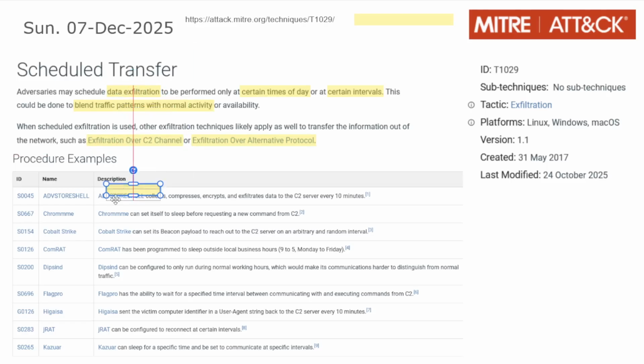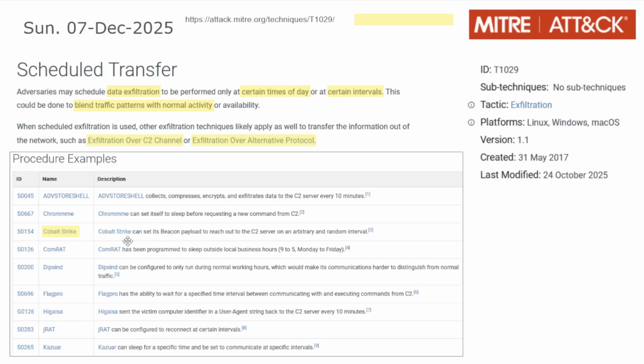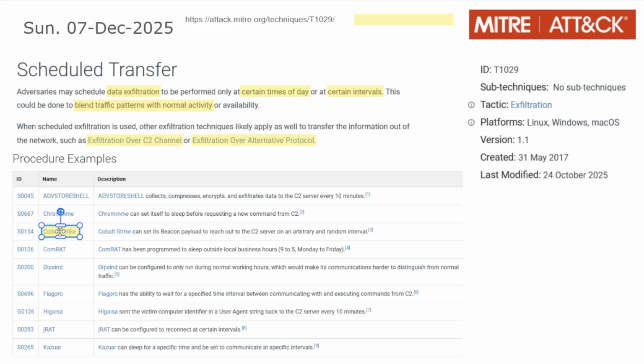We know these guys. Well, we don't know them personally, but we read about Cobalt Strike a lot. I'm not sure if we have seen them already in one of the videos, but here they say it can set its beacon payload to reach out to the C2 server on an arbitrary and random interval. And that's what you do if you are a professional hacker. You have an interval, but you implement a little bit of randomness in there.